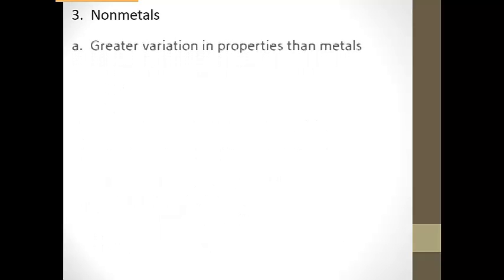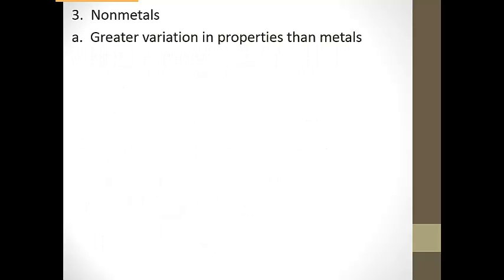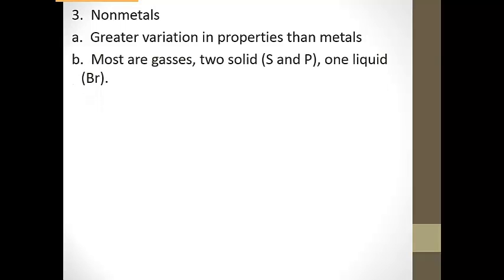So looking at nonmetals, these have some greater variety. We can't necessarily group them all into main characteristics like we did for our metals. Mainly they're gases. We have two exceptions, sulfur and phosphorus, that are solids, and then we have one exception that's a liquid, and that's bromine. So three that are not gases.